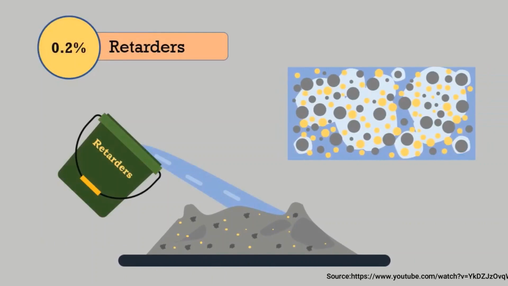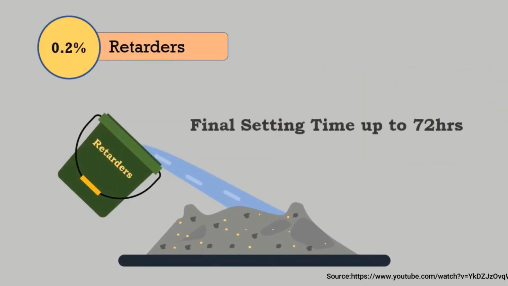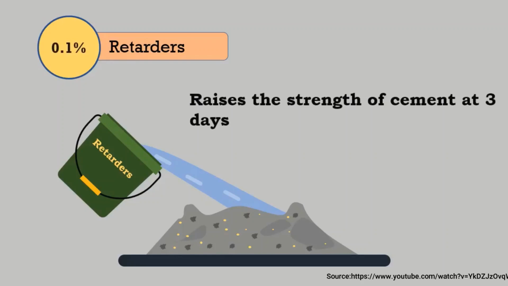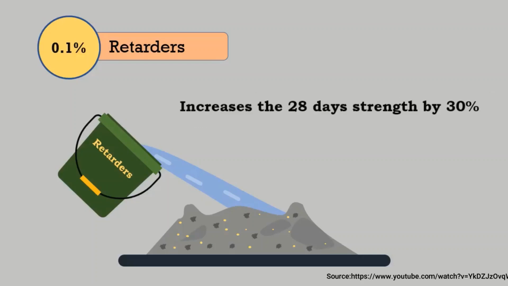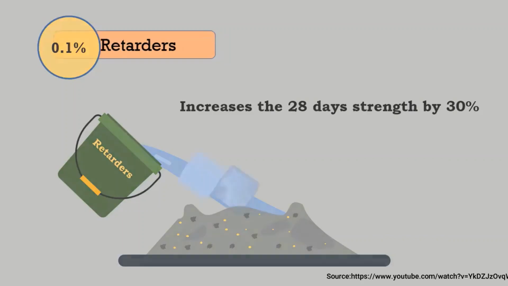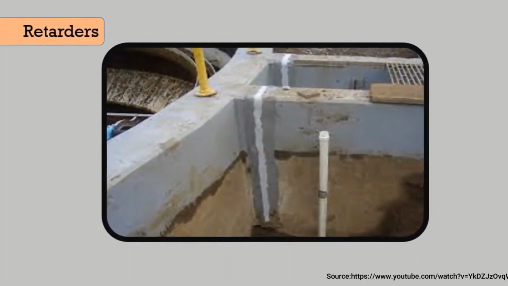An addition of 0.2% retarder by weight of cement retards the hydration of cement to an extent that the final setting time goes up to 72 hours. It has been observed that addition of 0.1% retarder raises the strength of cement at 3 days. It increases the 28 days strength by 30%.